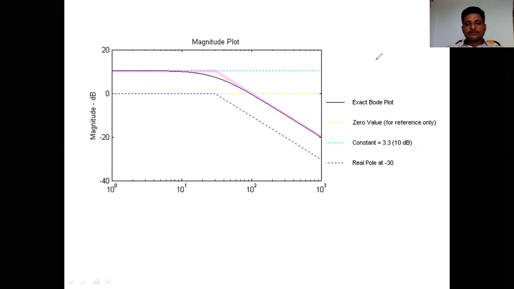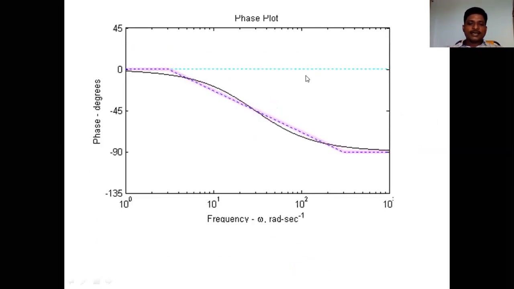After writing all the values in a table, we can easily generate a magnitude plot and a phase plot. If you combine these two plots, then you call it a Bode plot. So this is how you have to draw a Bode plot.